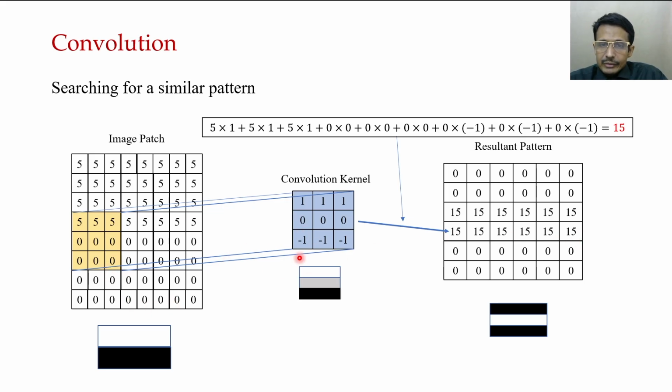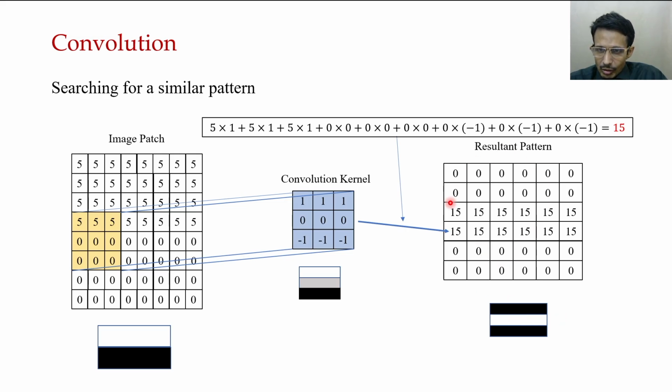Now, it is very interesting to see what kind of pattern we get. If you say black is 0 and white is 1, it is a 0, 1, 0 pattern. So it clearly indicates there is some sort of horizontal line pattern there.